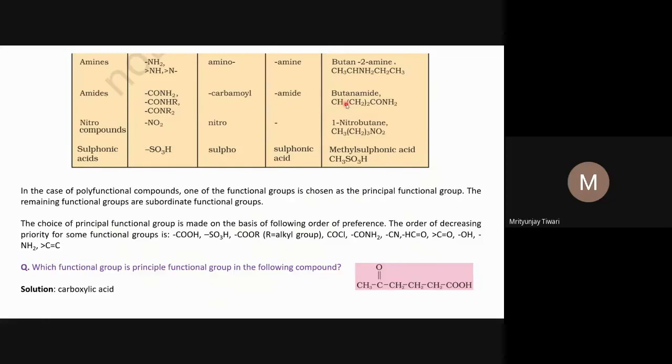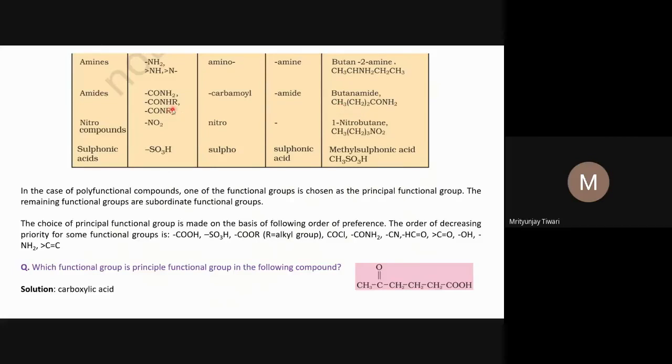Then what can I do? I can put one CH3 group at that side. So CH3CH2CONHCH3. Then that will be a secondary amide. Then I can also write CH3CON(CH3)CH3. That will be a tertiary amide. So the R group means the alkyl group.